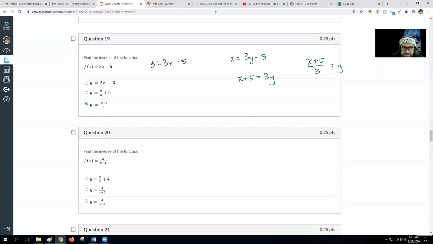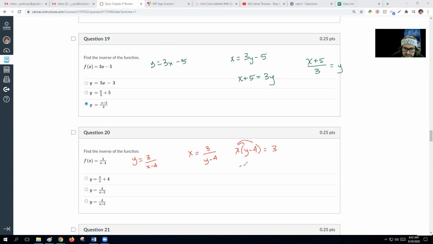Next problem here, find the inverse function. So let's switch those around. Instead of y equals 3 over x minus 4, we switch this around to x equals 3 over y minus 4. And we'll get this y by itself. Fortunately, this is on the denominator, so the first thing we need to do is multiply by y minus 4. So we take this y minus 4 and multiply it by x.